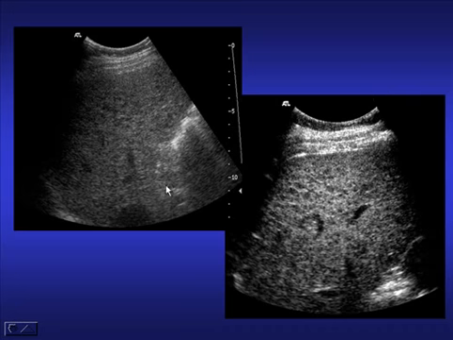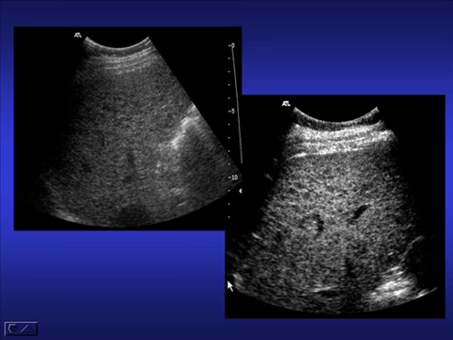We can also have some interesting observations in chronic liver disease. Here is a patient with cirrhosis with nodule formation that on the basic B mode image we can see a rather diffuse nodular pattern.